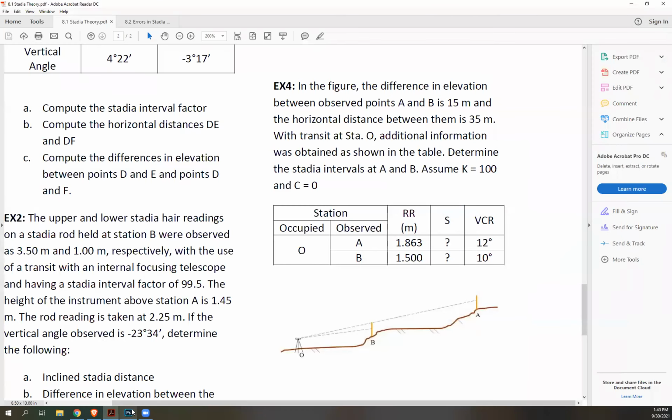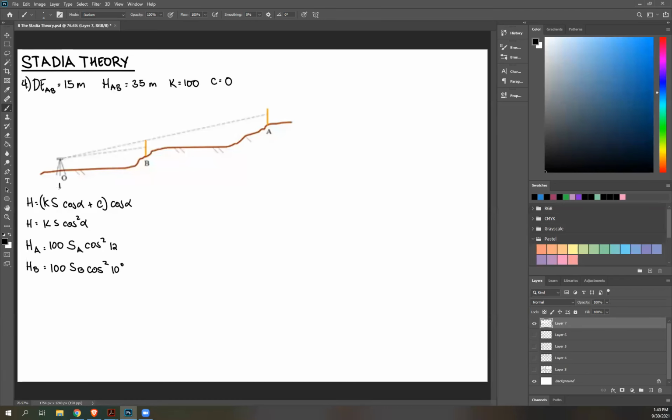To get distance between A and B, that's HA. Okay, looking here, right? That's HA. This is your HA minus HB. This is HB. That's how we get distance between A and B. Okay, so writing that in terms of equation, HA minus HB, and that's given as 35.